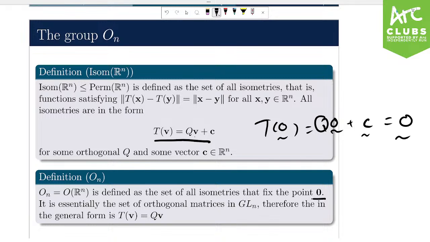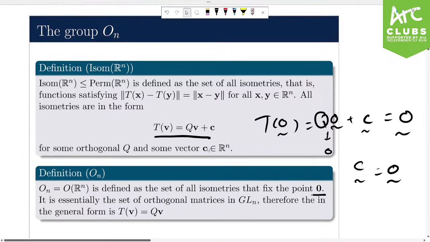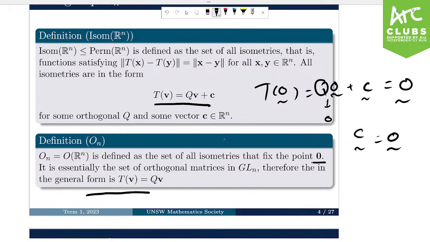So we just have c is 0, which gives us this general form of maps in ON. And this is isomorphic to the set of orthogonal matrices in GLN.